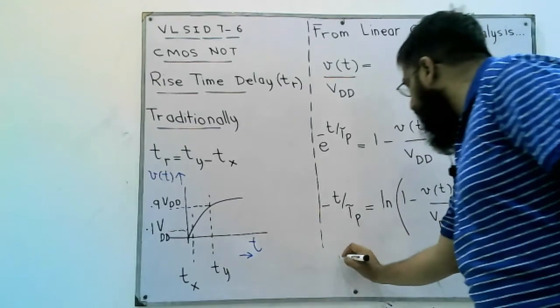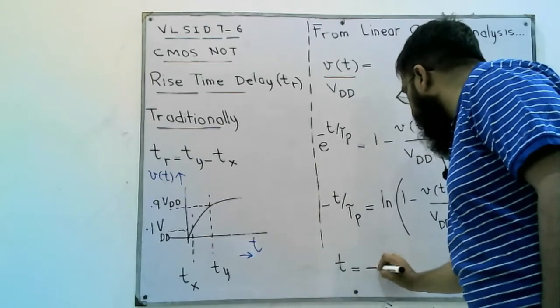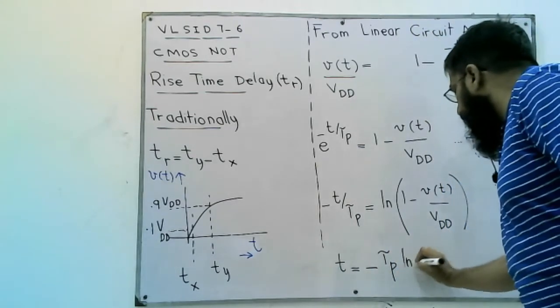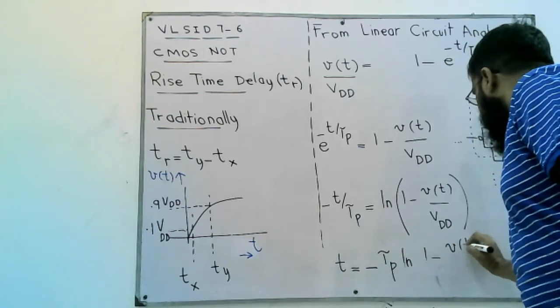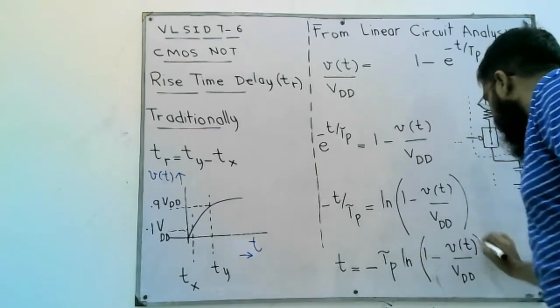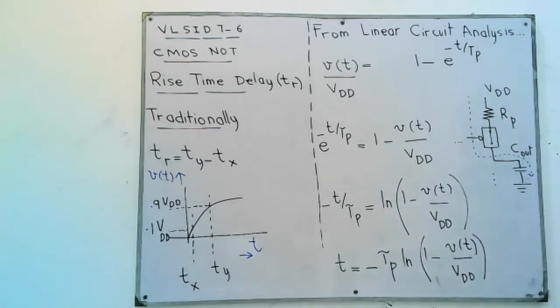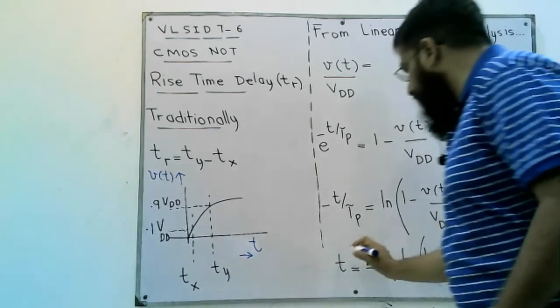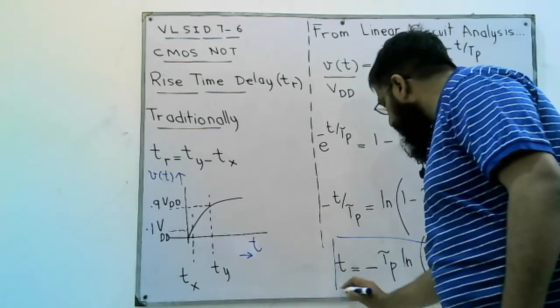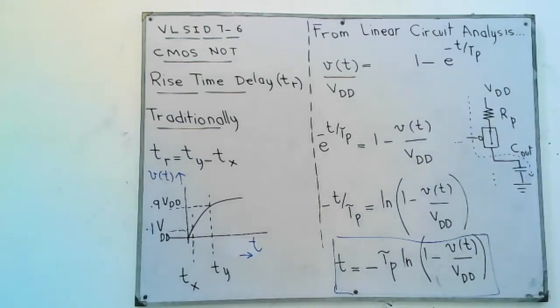and t is minus tau p times log of 1 minus v of t over VDD. So this is the expression that we were looking for, t in terms of v of t on the left hand side, everything else on the right hand side.